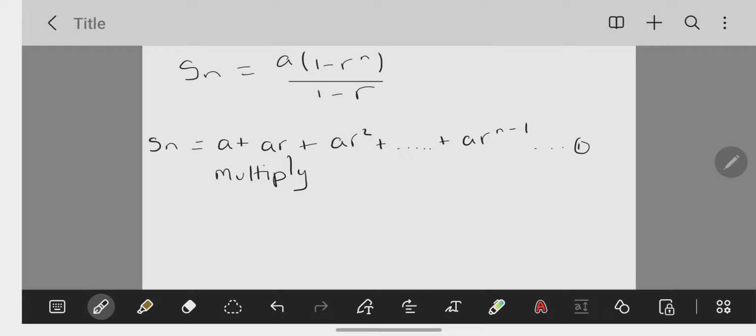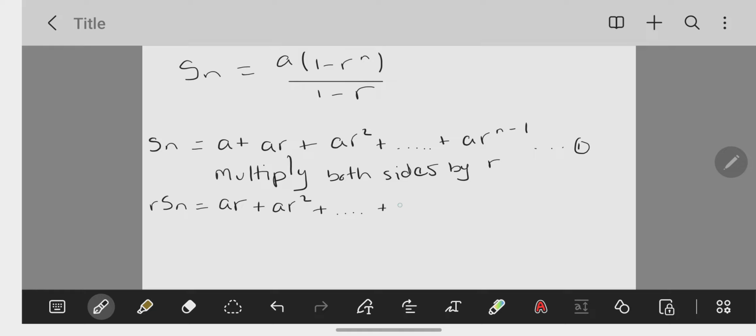So Sn times r becomes r Sn. If I multiply a plus by r, it becomes ar. Now I have to multiply all these terms by r. You don't just multiply one term or the first and the last, you multiply all of them. Then the second term becomes ar squared, then the third term becomes ar cubed, and so on and so on.